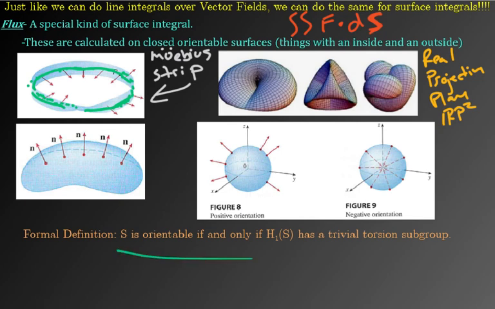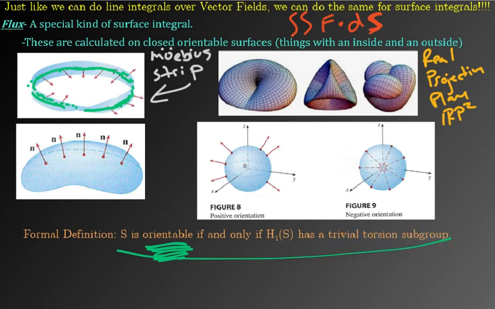And for those of you that want it, to me, this is the formal definition of orientable, but way beyond our course. This says a surface S is orientable basically if and only if H1 of S, which is the first homology group of S, has a trivial torsion subgroup.